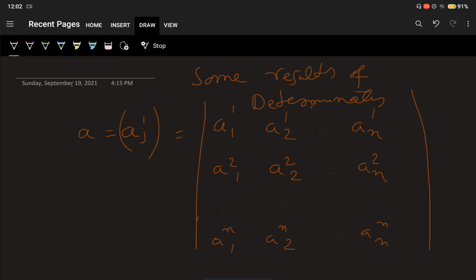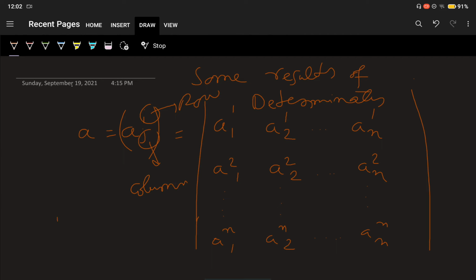So this is a homogeneous polynomial of n degree in the elements. This is n degree, and it is a homogeneous polynomial. The indices: this is the i and this is the j. The index i can be denoted as row, and j can be denoted as column.